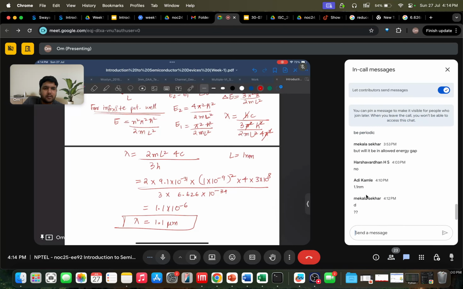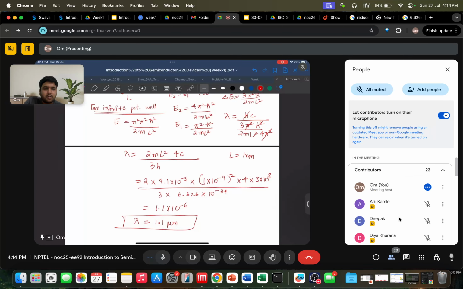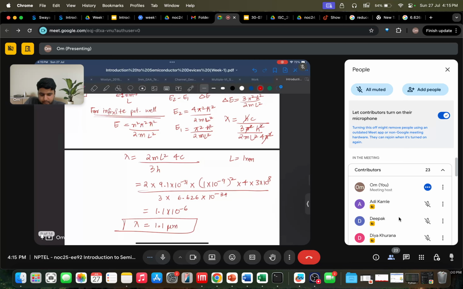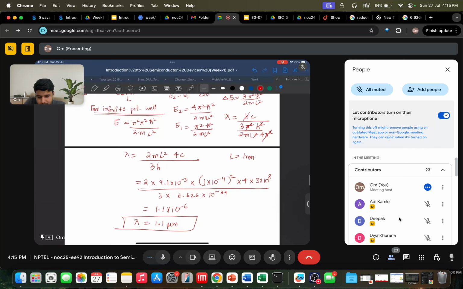Adi Kamle, you got 1.1 nanometer, right? Sir, I think I am wrong in calculation. Okay, so please take care of these units very well. If you're taking this c, h, and m in the SI system, you need to take L also in meters.